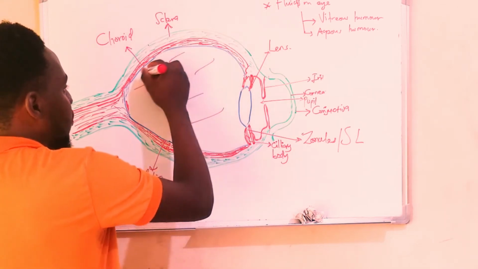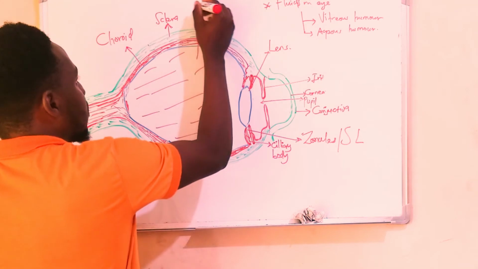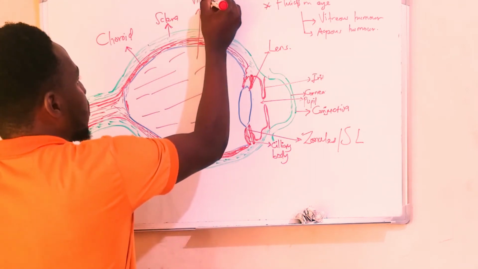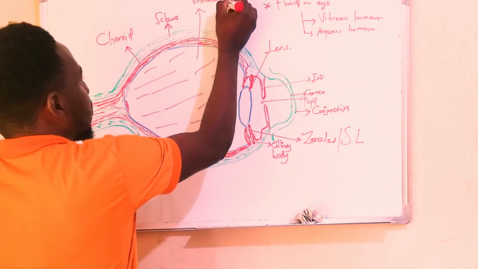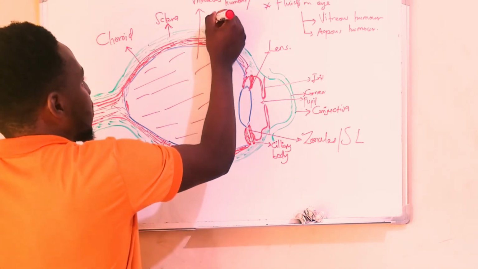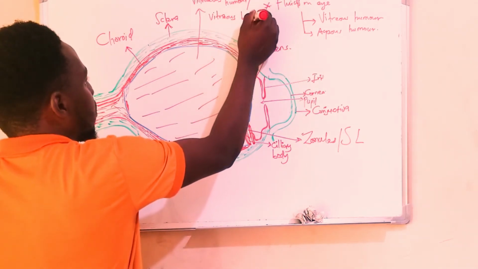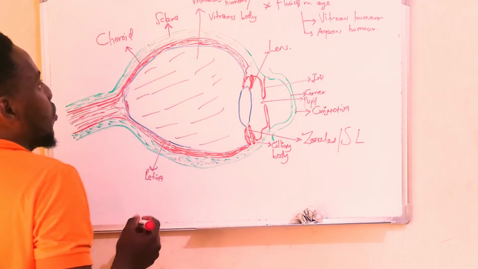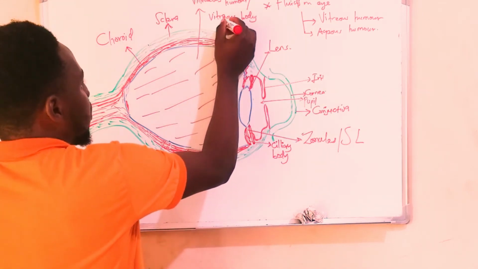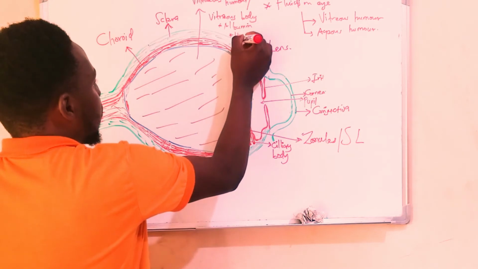This whole part is filled with the vitreous humor, also known as vitreous body. This is composed of mainly albumin and hyaluronic acid.